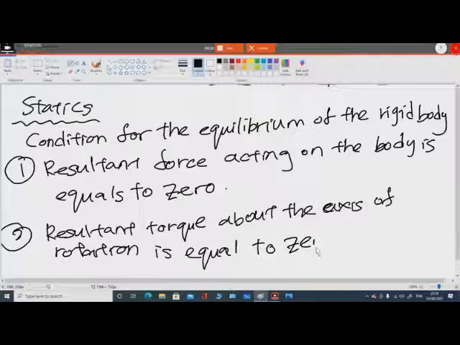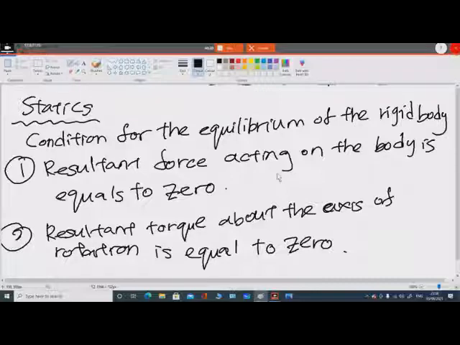So these are the conditions for the equilibrium of the rigid body. If the resultant force acting on the body is equal to 0, there is no translational motion. And for the second conclusion, the resultant torque about the axis of rotation is equal to 0, which means there is no rotational motion.